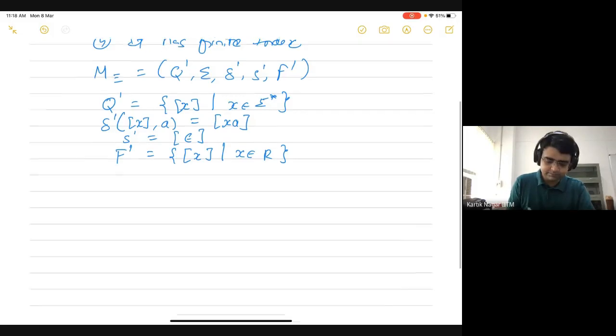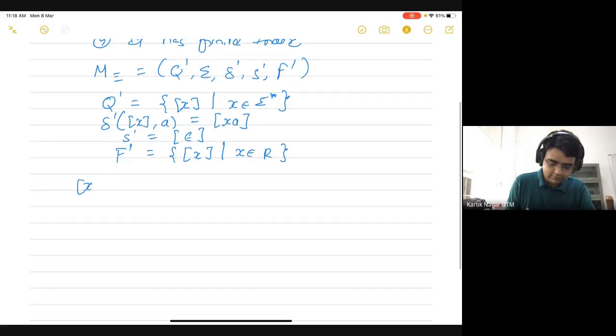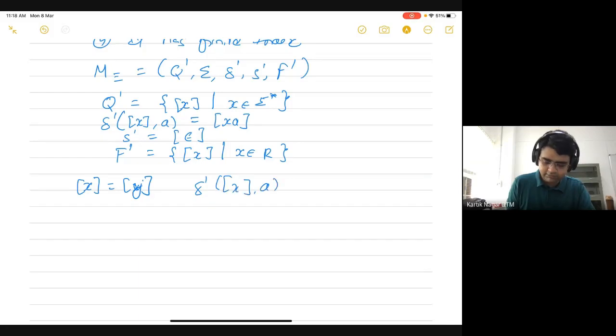So if you have the equivalence class of X being equal to the equivalence class of Y, then delta prime of X comma A will be equal to the equivalence class of XA, and delta prime of Y comma A will be equal to the equivalence class of YA.